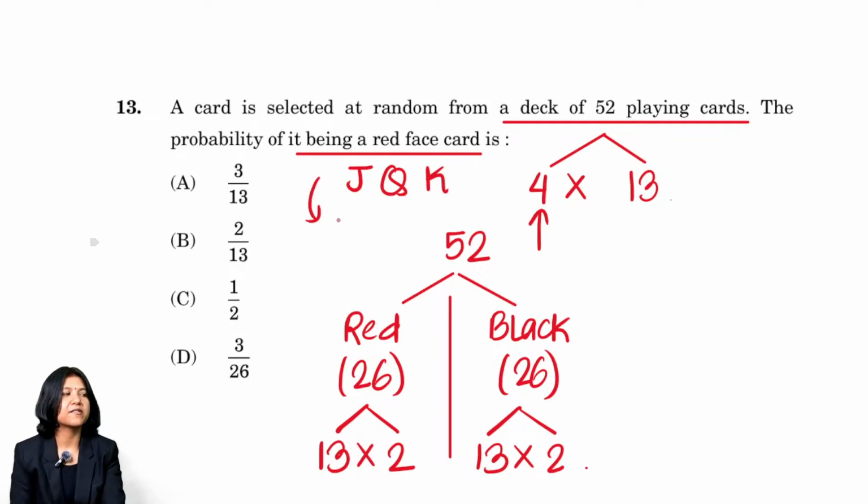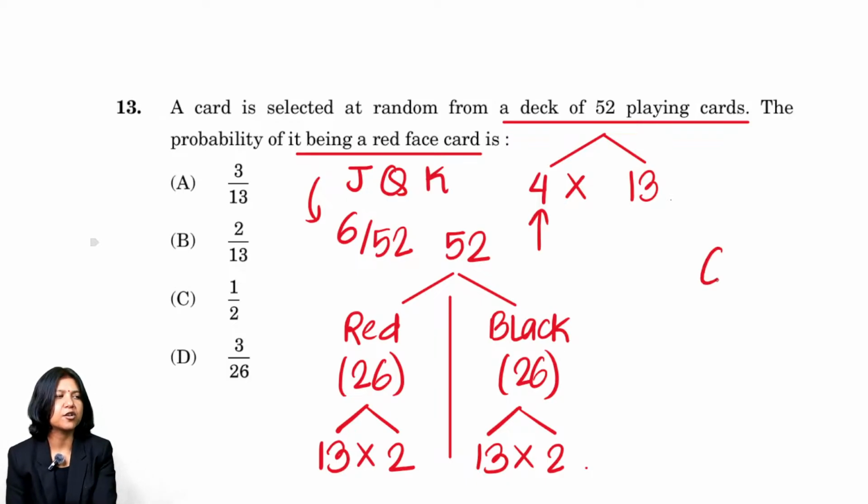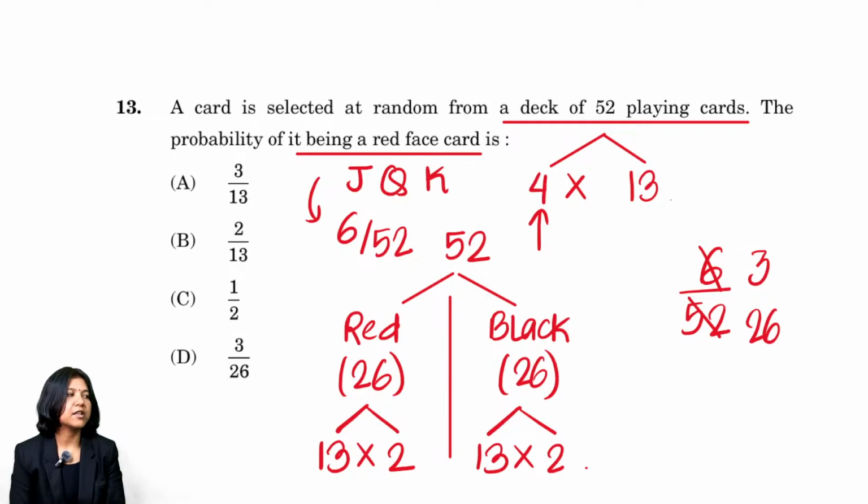That's a total of 6 cards out of 52 cards, which will be red face cards. Okay, so 6 out of 52 will be the probability, because you are picking up either of these 6 cards out of 52. Both can be simplified by 2. 2 times 3 is 6. 2 times 26 is 52. So 3 upon 26, that is the probability of drawing a red face card.